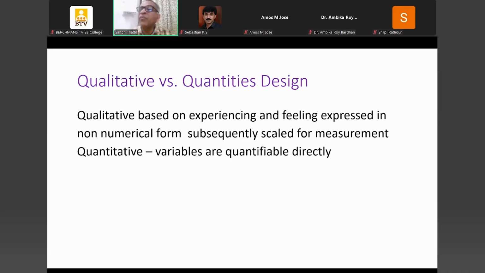So with quantifiables, there is a tendency to put things in a qualitative perspective even when the quantifiables are available. Say, for example, you're asking, was there an economic empowerment in you? And you're saying it was very much there, somewhat, it was there to some extent, and things like that. Qualitative options.